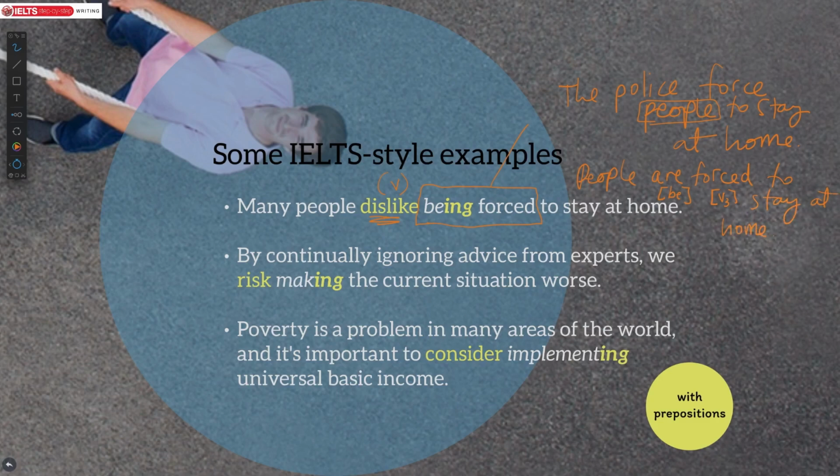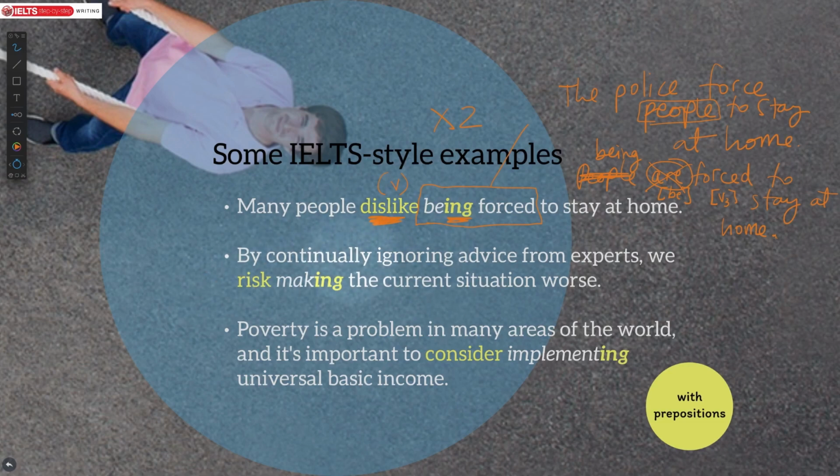People don't like this, so if I say people don't like that, I can say many people dislike. The are becomes the gerund form. Many people dislike being forced to stay at home. That's double points there. If you can use the passive voice plus this gerund form, it would really show off your high level of English in the IELTS Task 2 writing.